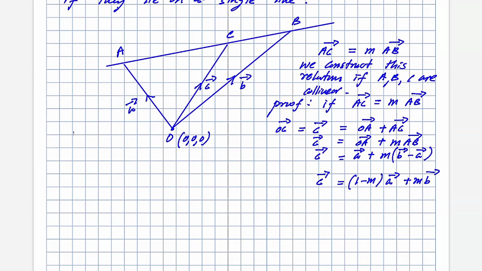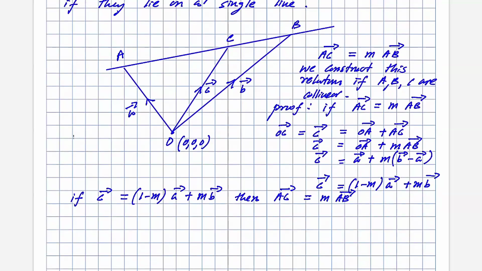So if this satisfies, if C is equal to (1 minus M)A plus MB, then AC vector is equal to M times AB vector. Hence, ABC are collinear.